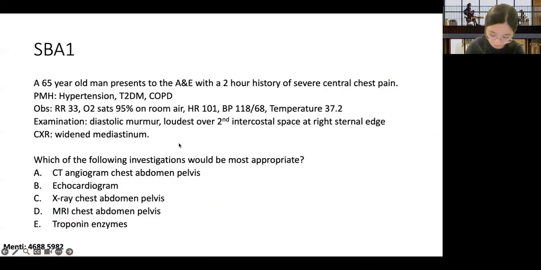So we're gonna start on our first SBA. If you could just pull up your Menti on your phone again, we could just have 1 or 2 minutes to attempt this question.